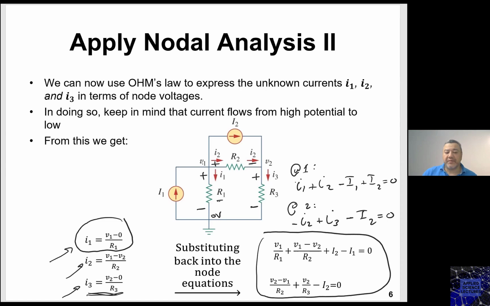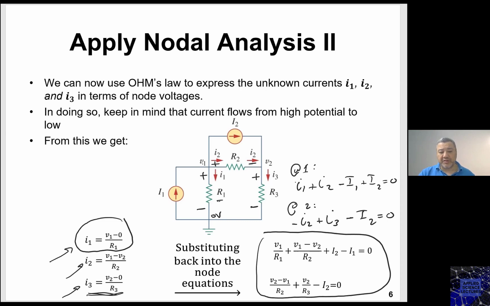So all that I have done so far was defining the number of independent nodes, assigning them our variables in terms of voltages, V1, V2, and then writing the KCL equations for those nodes.